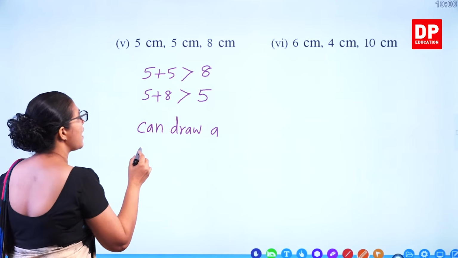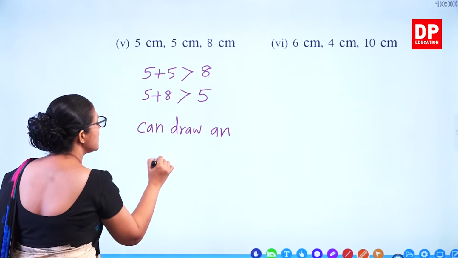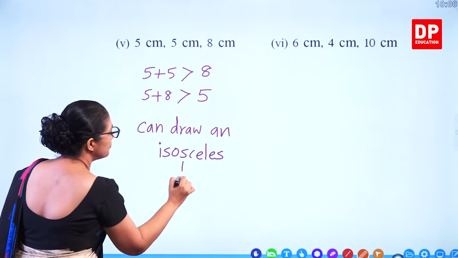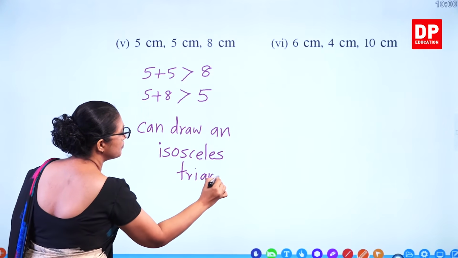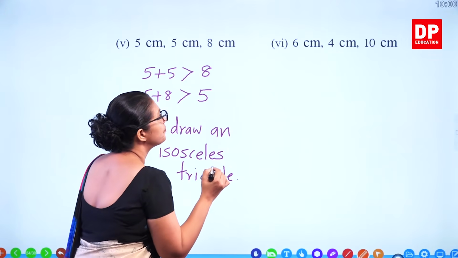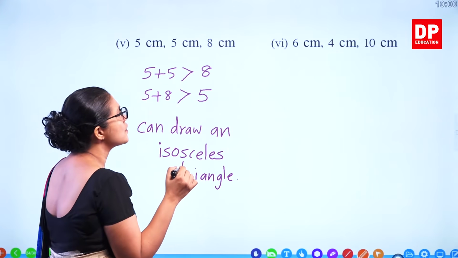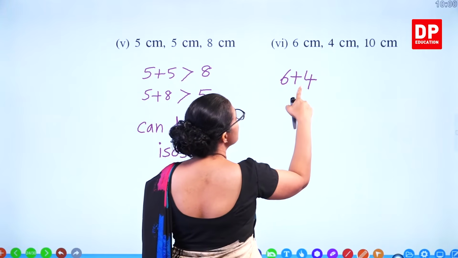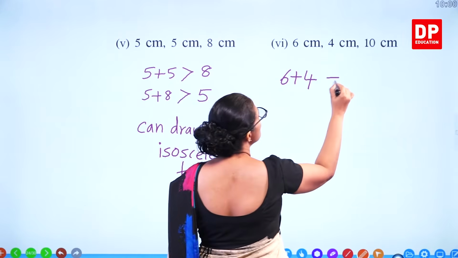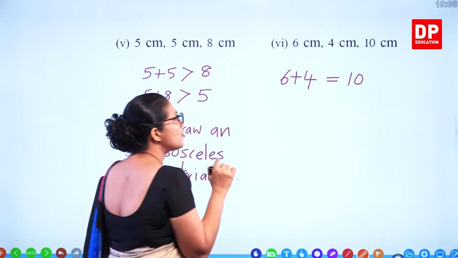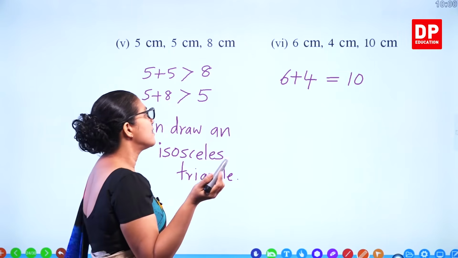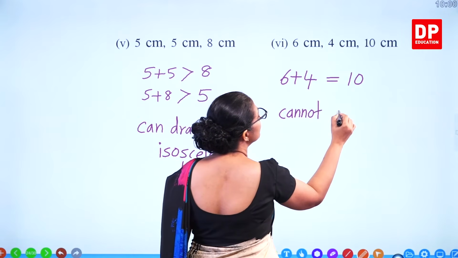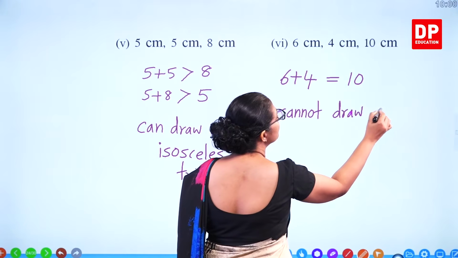So you can write, can draw an isosceles triangle. What about this one? 6, 4, 10. 6 plus 4, that's 10. That's equal to the third side. So we cannot draw a triangle.